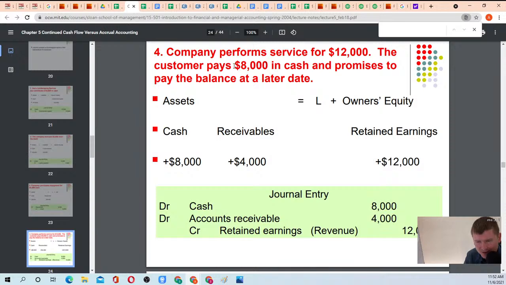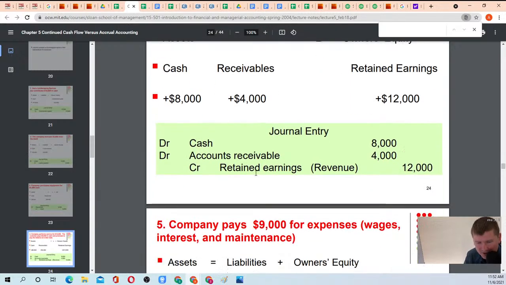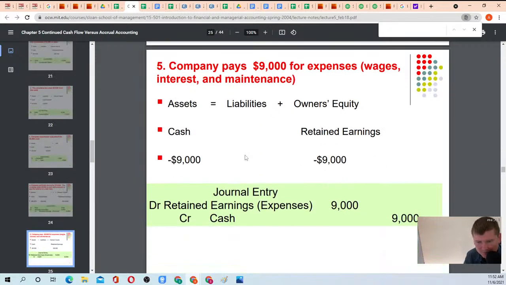Services 12,000 for 8,000 in cash and receivable. Debit cash, debit accounts receivable, credit revenue. 9,000 for expenses, wages, interest, and maintenance. Journal entry.